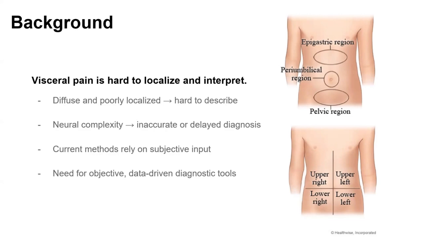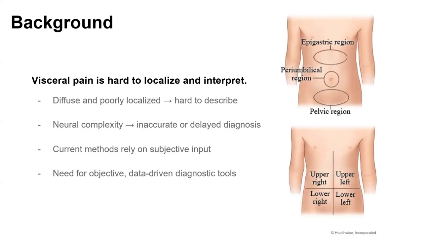Such ambiguity is due to the lower density of nerve endings in visceral organs compared to somatic tissues, and the convergence and divergence of sensory signals in both the peripheral and central nerve systems.